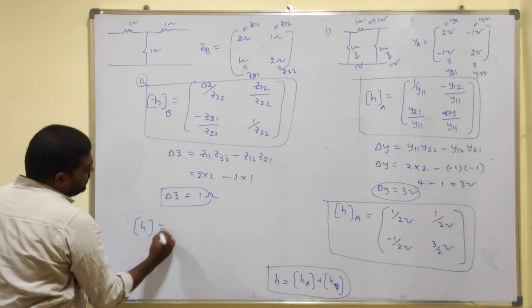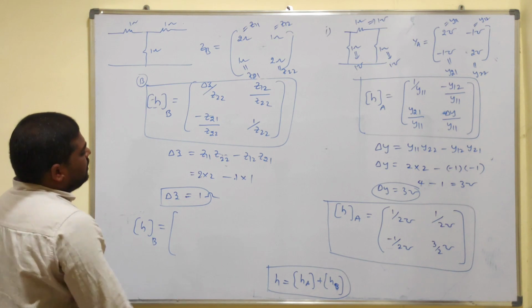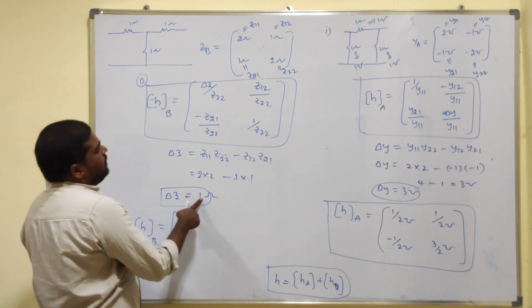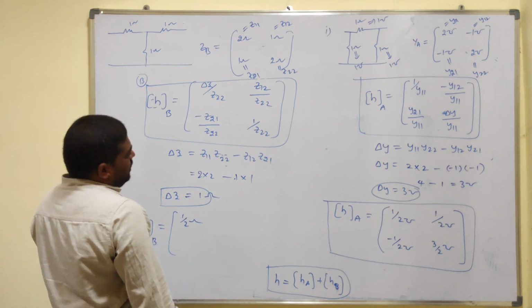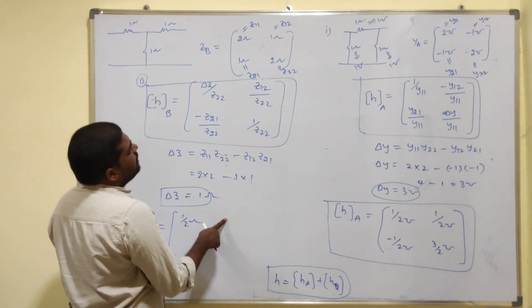Now you will get delta Z, that is 1, so 1 by Z22, that is 2. So 1 by 2. Next, how much will you get here?